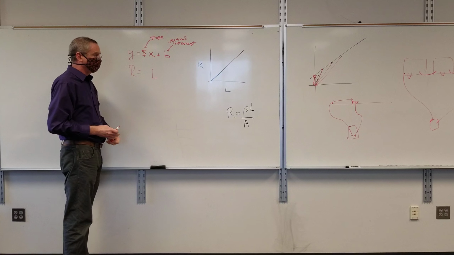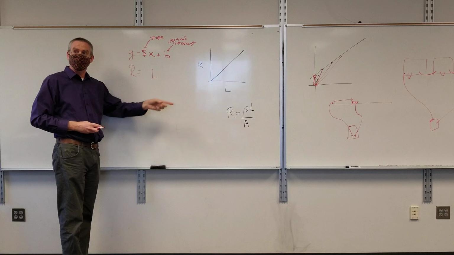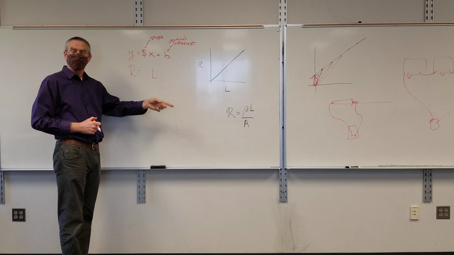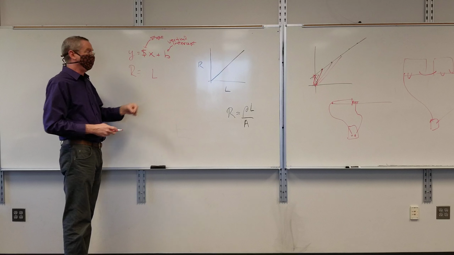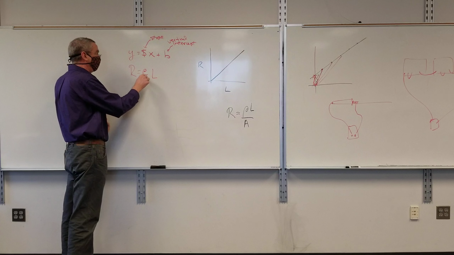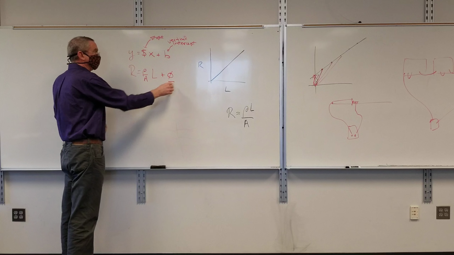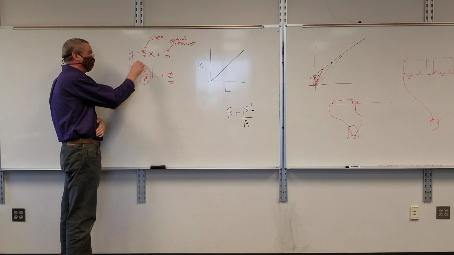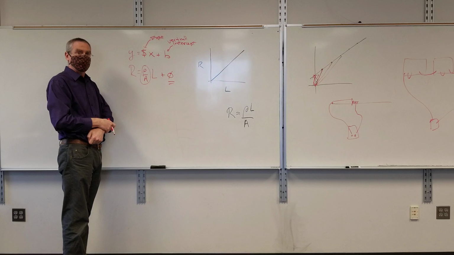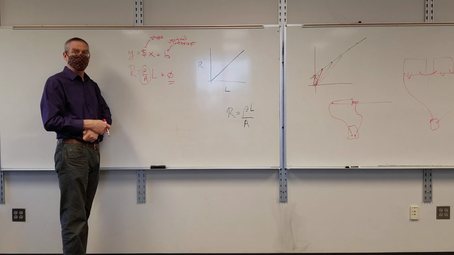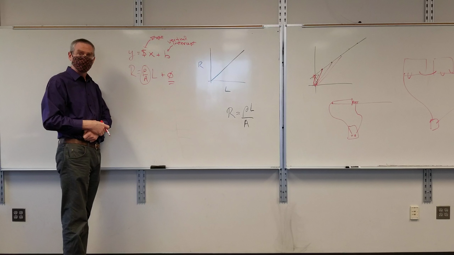Okay. Brooke, it looked like you blanked on what that was called. Yeah. Okay, rho. Rho over A. And then plus 0. So ideally, the intercept should be 0, and my slope should be rho over A. Which will come in quite handy later on when you try to find the resistivity.